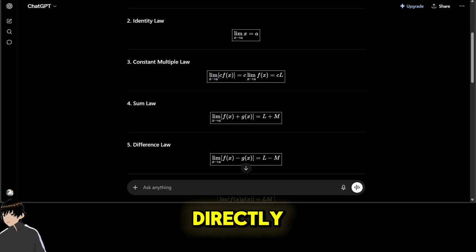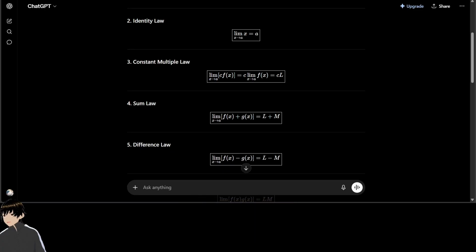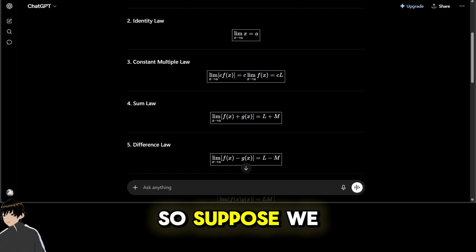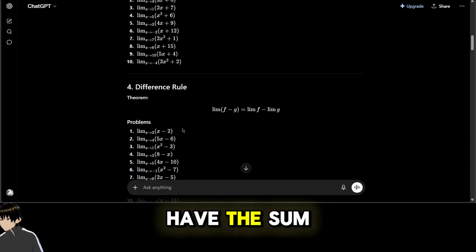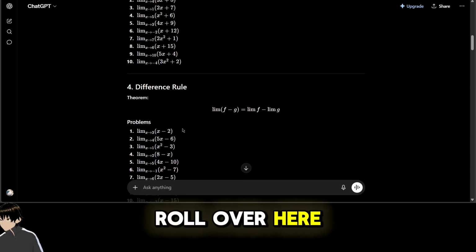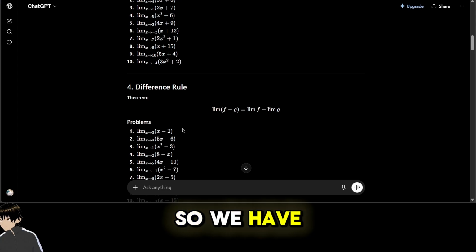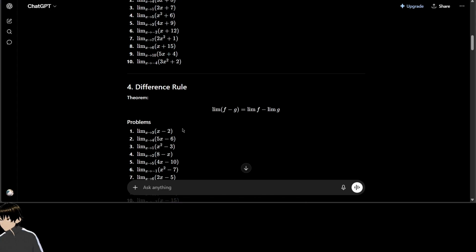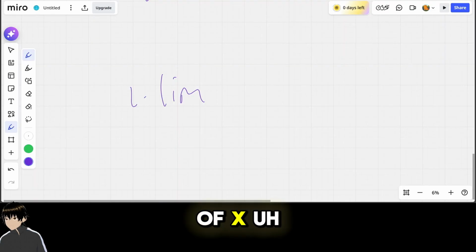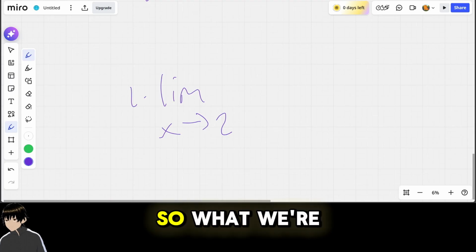Let's use it directly. Suppose we have the sum rule over here. We have the limit as x approaches 2 of x plus 5.